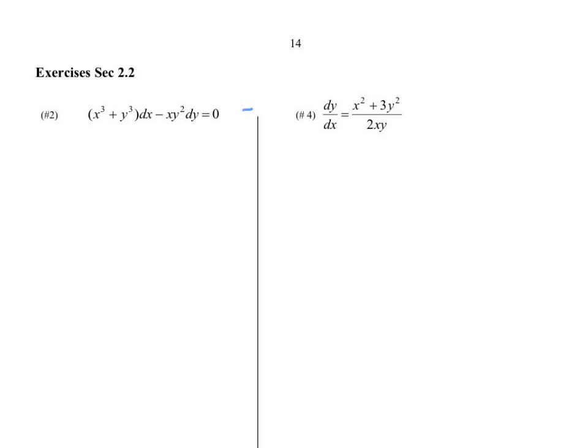Looking at this equation now, it is not separable because you have a function of x plus a function of y. But it is homogeneous because all the terms are of the same degree. This is of degree 3, this is of degree 3, and this is of degree 3 because it is 1 plus 2, which is 3. So we know it's homogeneous. We should rearrange. Okay, this is x cubed plus y cubed divided by xy squared.